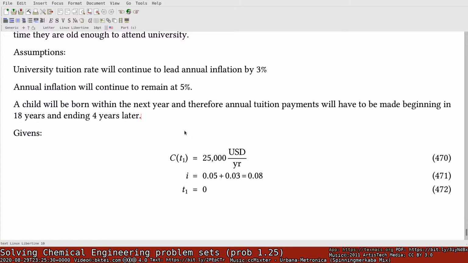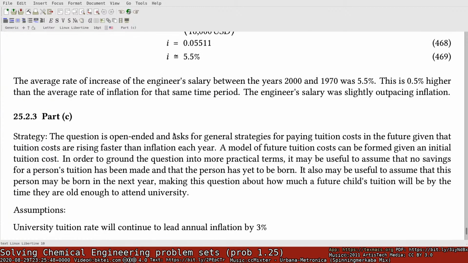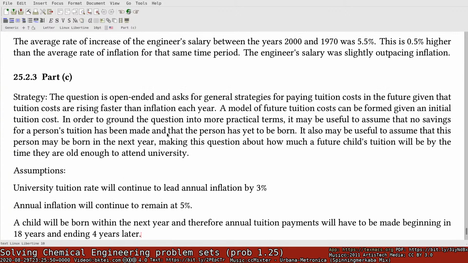Because this is a cost increase per year, not like e to a certain power with a given rate. I mean, they don't ask for that. They just ask for strategies for how to pay for it.